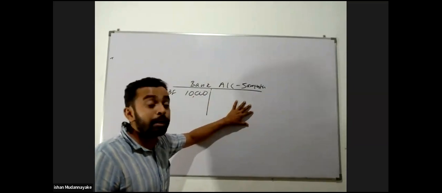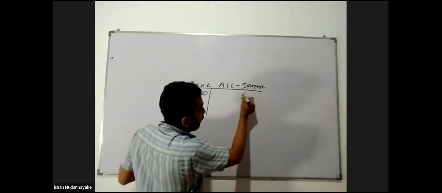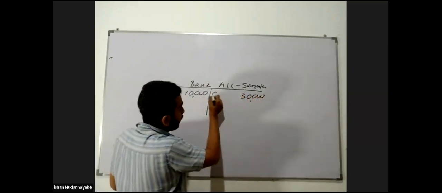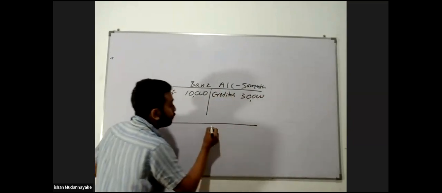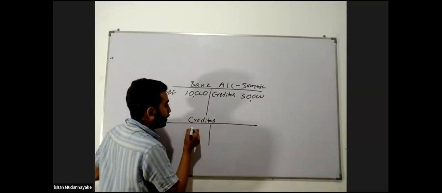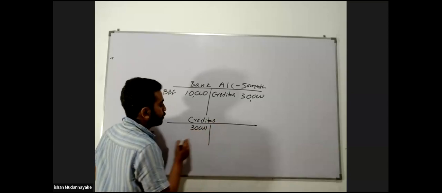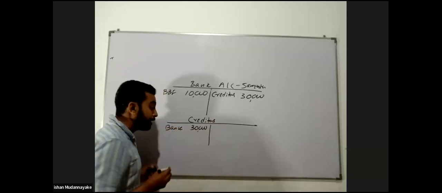Then what is the double entry of the 30,000? Bank account credit 30,000. Creditors account debit 30,000. You issued a 30,000 check to the supplier.